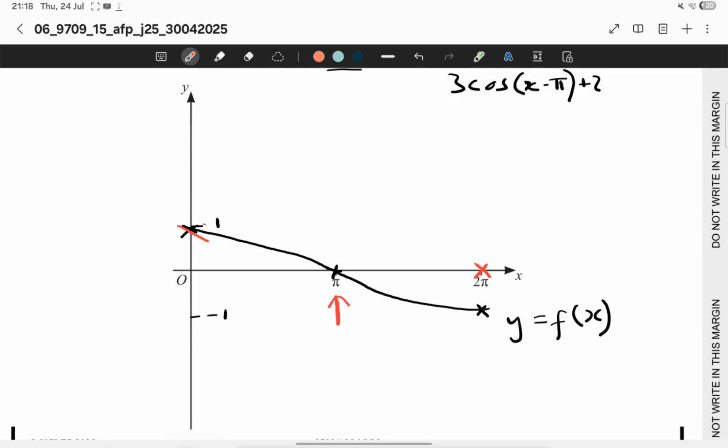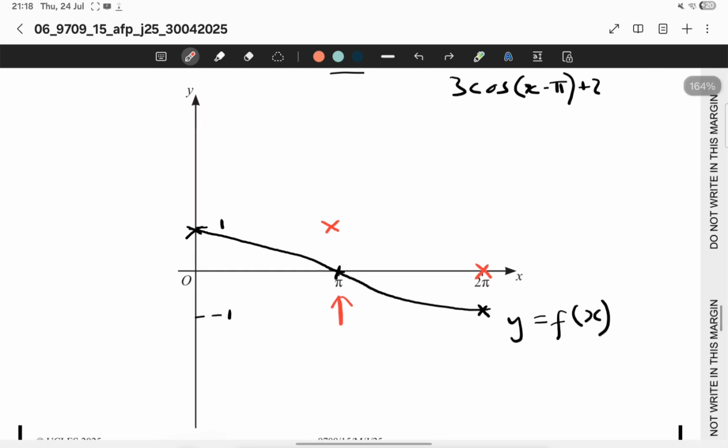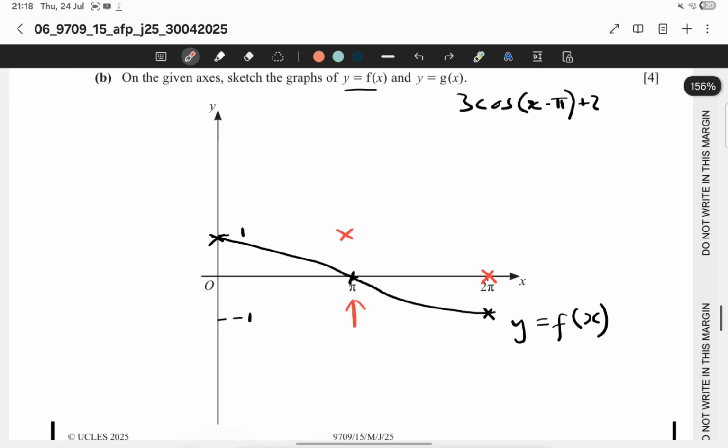And this point here will move pi units to the right, so it's going to be here, like that. Then this will move pi units, so it will be 3 pi somewhere here, which we are not worried about. And now our graph will be looking like this, just after the translation, right?